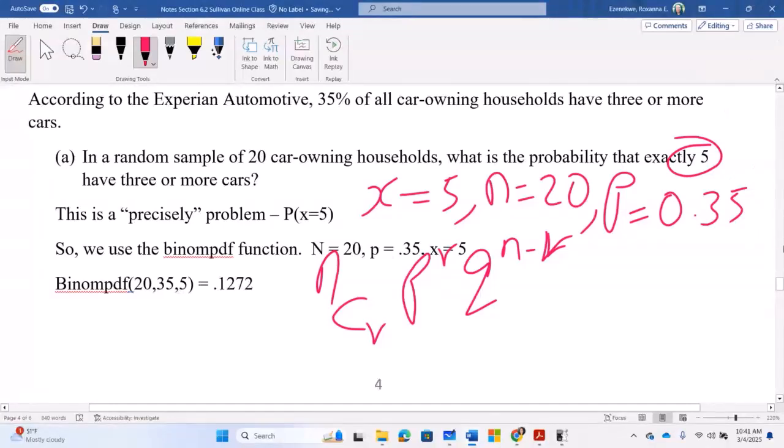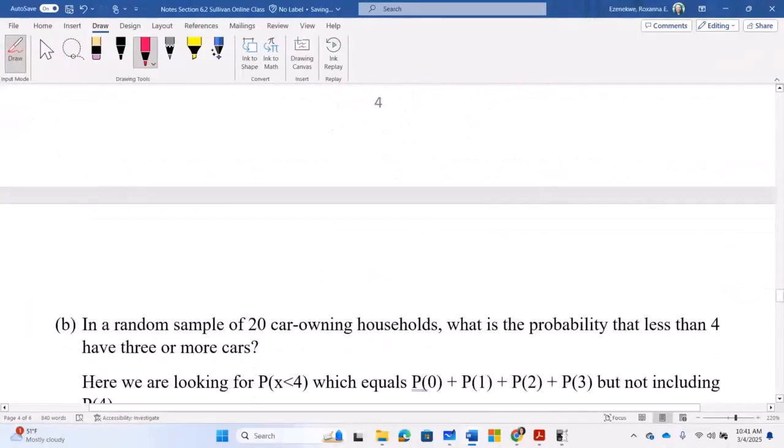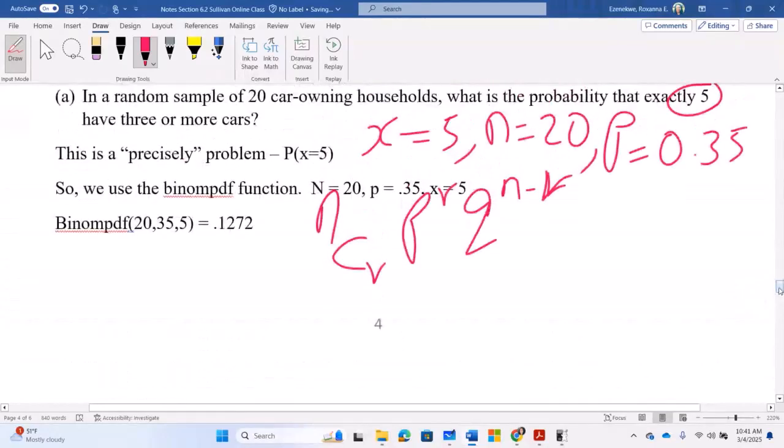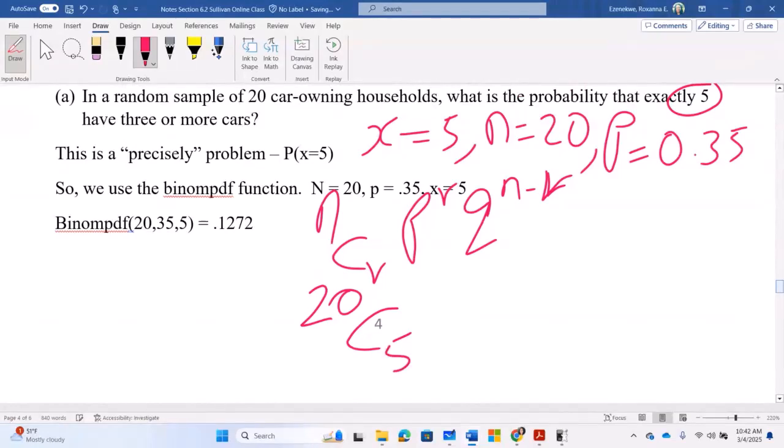So now I am going to plug everything I have into this formula. So I know n combination r, so 20 combination 5. Success is 35%, or 0.35, to power 5.